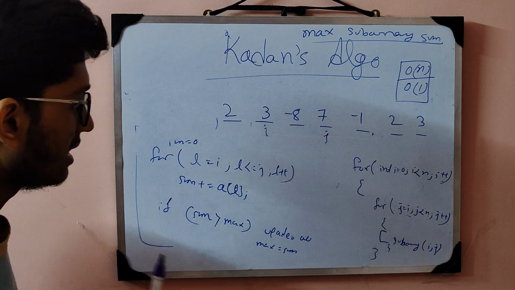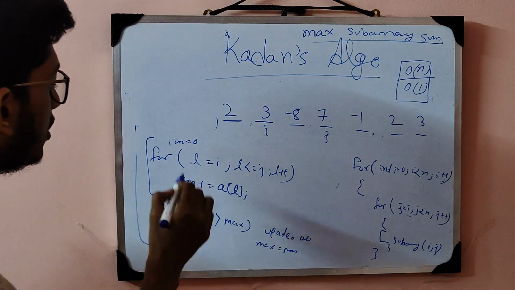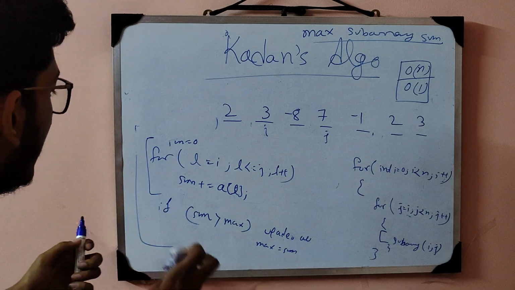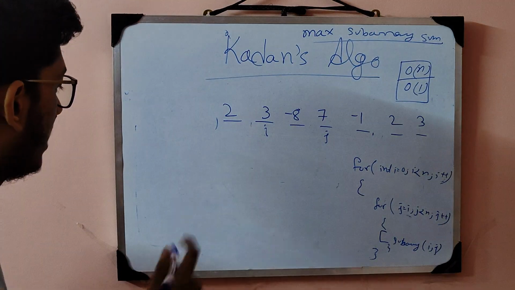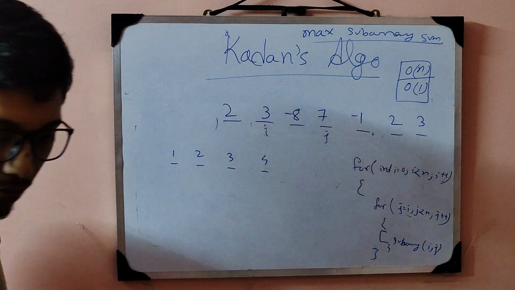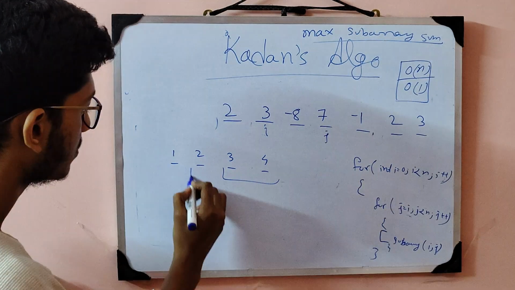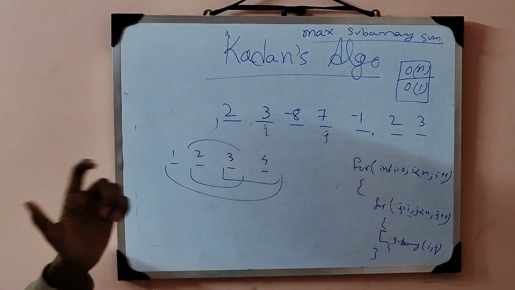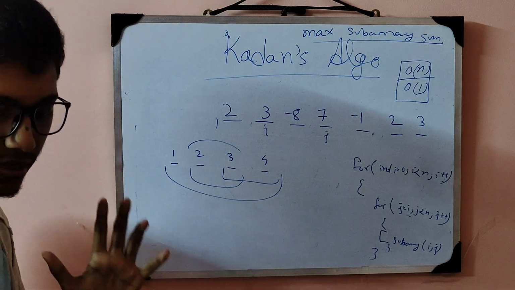Our next job is to get rid of this loop. How can we get the sum of some part of the array? Suppose 1 2 3 4 is our array, and how can we get the sum of any part of the array, suppose this part, this part, the whole part, in constant time? I will just call something and I will get it.